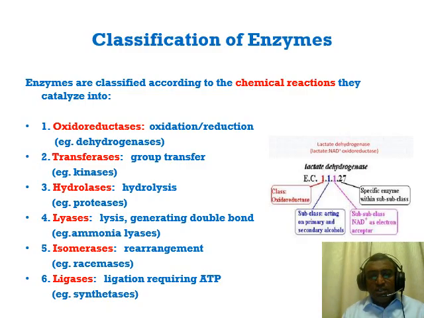So you have the classification of enzymes in six major groups, and this is the Enzyme Commission (EC) number for lactate dehydrogenase. You can see the first number one refers to oxidoreductases.